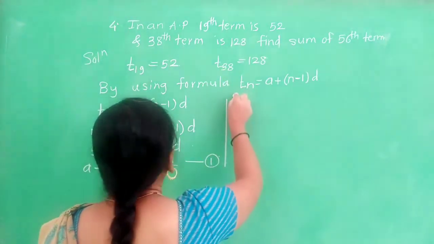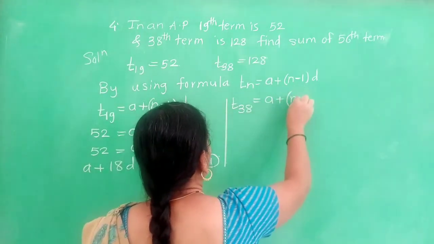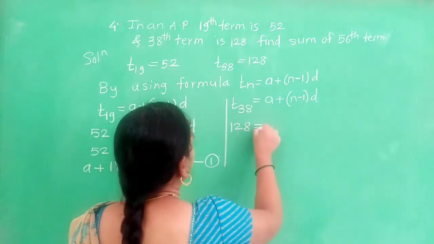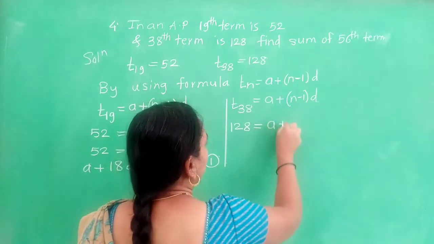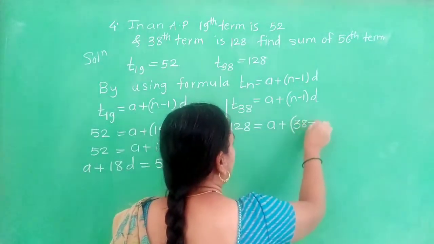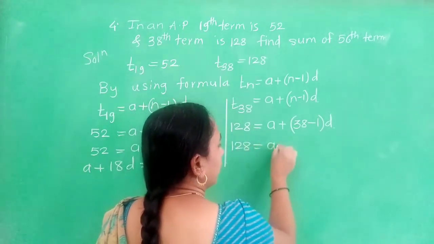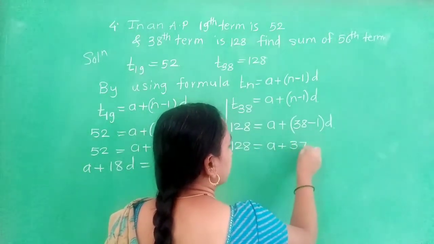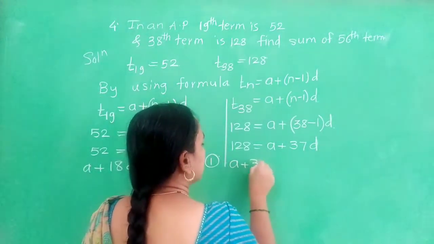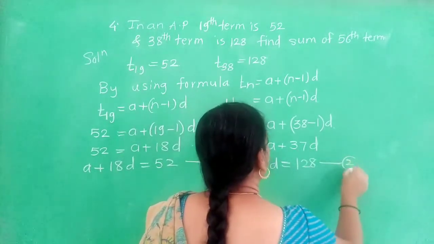T38 is equal to A plus (n minus 1) into D. T38 value is 128, A is unknown, and n is 38. So 38 minus 1, that is 37, into D. Rearranging, A plus 37D is equal to 128, which is my second equation.